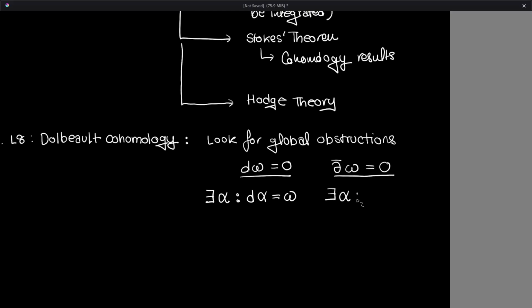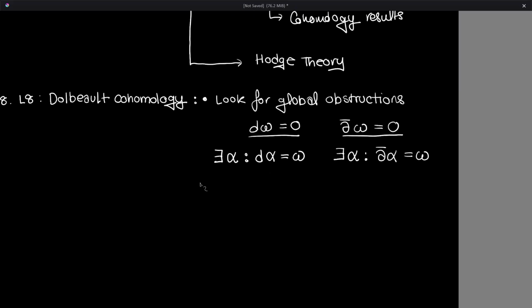And in the complex case, it would be: there exists alpha such that partial bar of alpha is equal to omega. And so we did that. We looked for these global obstructions. In the complex case, there were analytical obstructions. In the real case, there were topological obstructions.